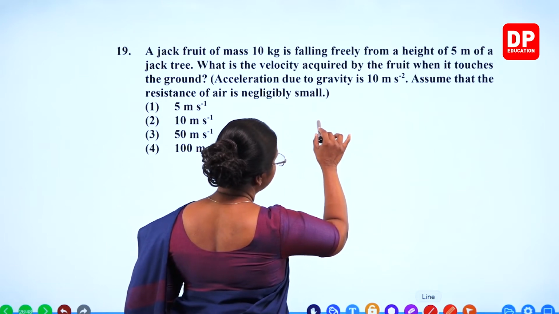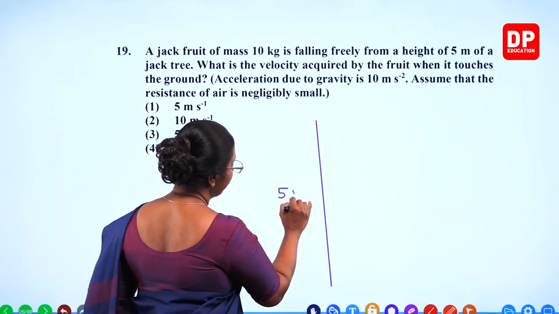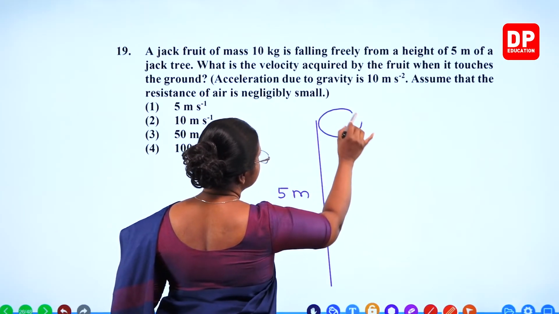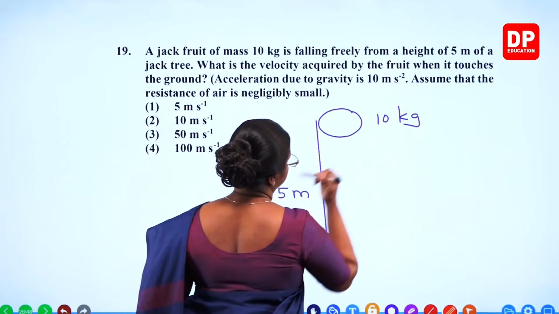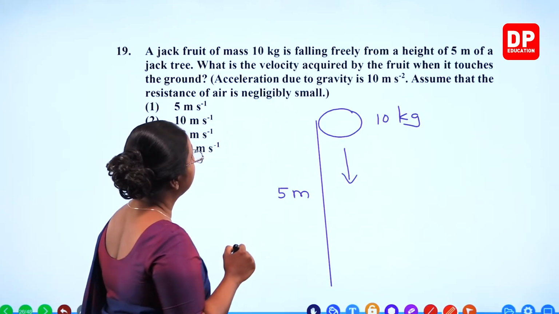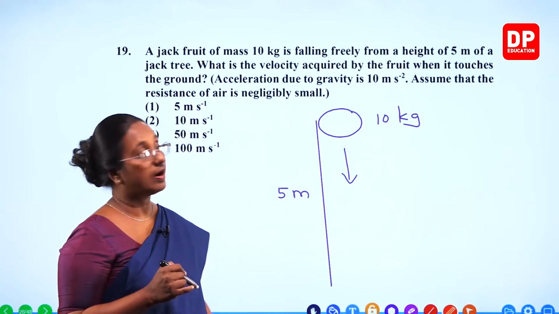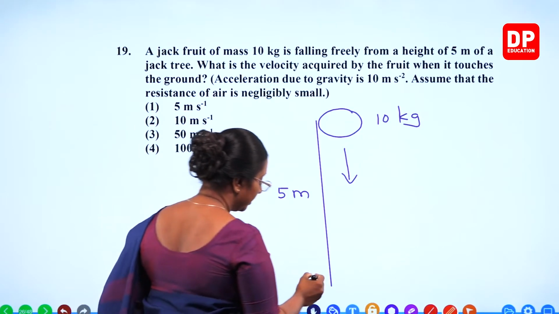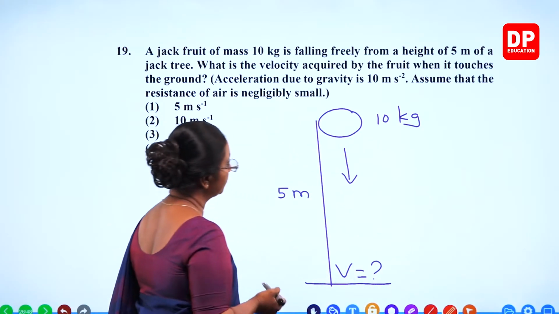There is a height of 5 meters and there is a jackfruit that has a mass of 10 kilograms, falling down from the height, and you need to find the velocity when it reaches the ground.